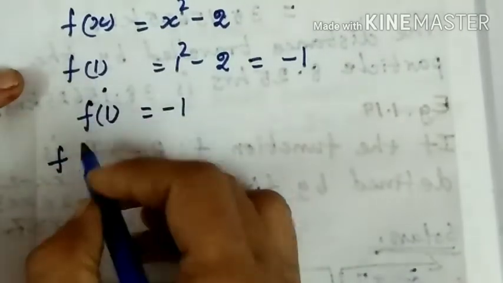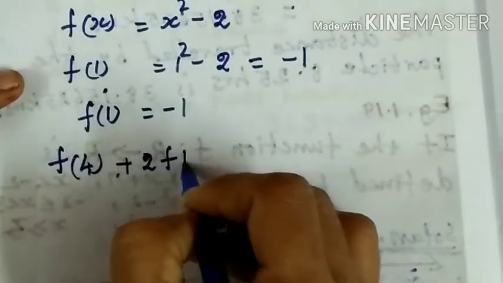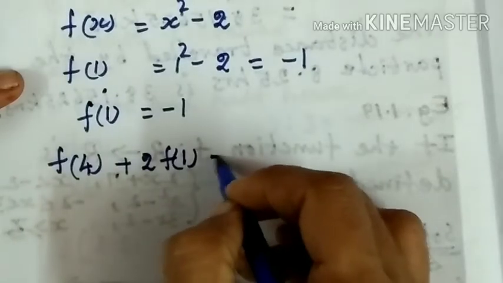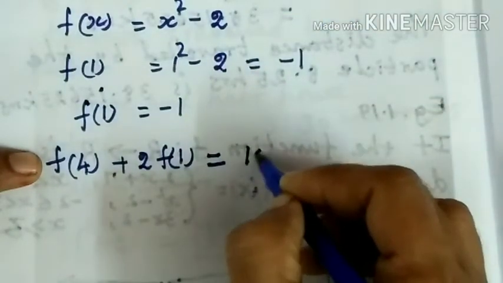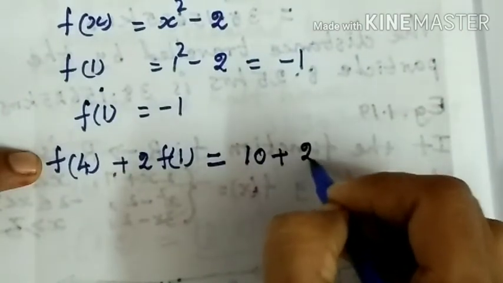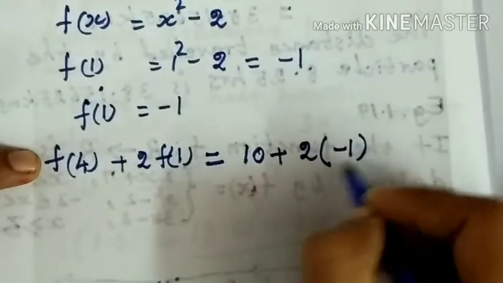Now you apply these values in the given question. F of 4 plus 2 into f of 1 is equal to, the value of f of 4 is 10, plus 2 into, the value of f of 1 is minus 1.